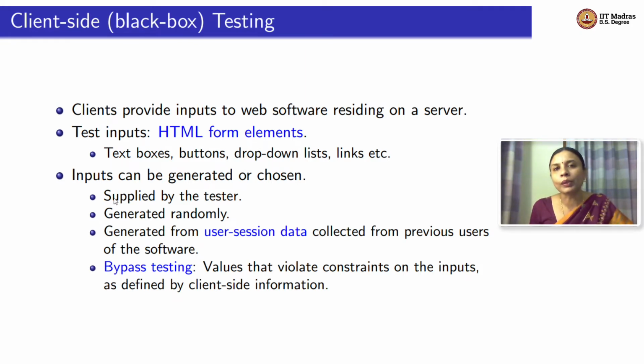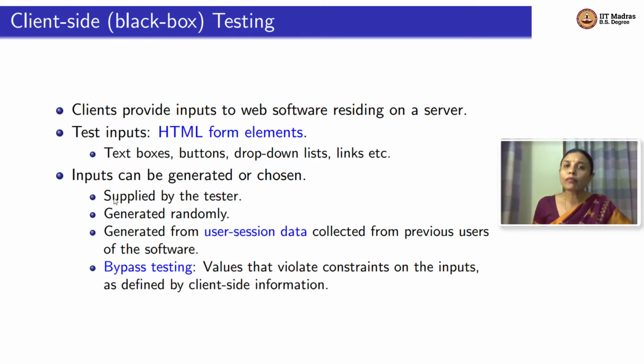Let me give you a simple example. Suppose I'm searching for something in a search engine like Google, right? And while searching, I make a spelling mistake in that term. How does Google respond to this spelling mistake? Google's response is very robust. It will correct the term that you're searching for, substitute it with the right spelling, and tell you that it has done that, search for that corrected term and give you the response.